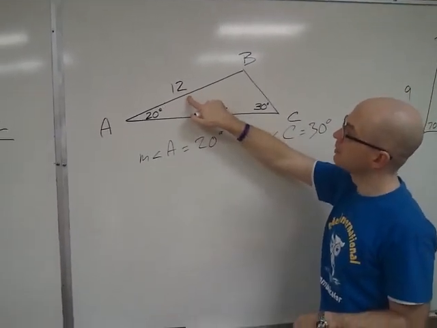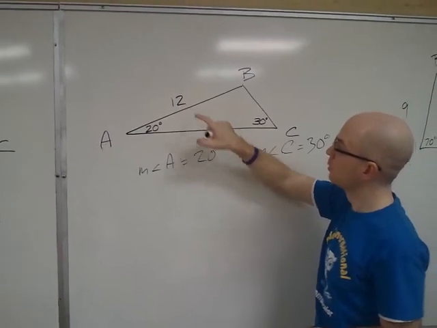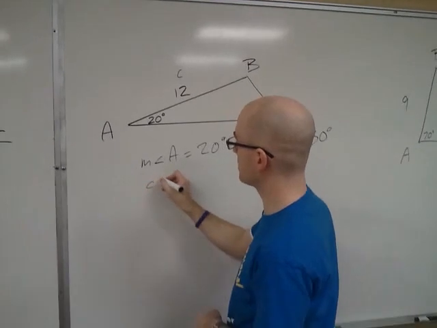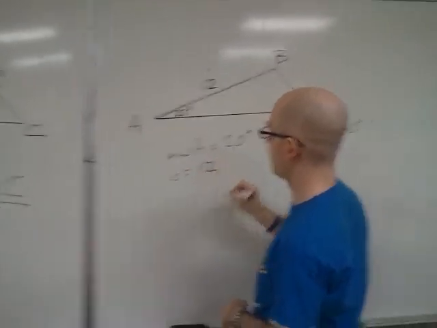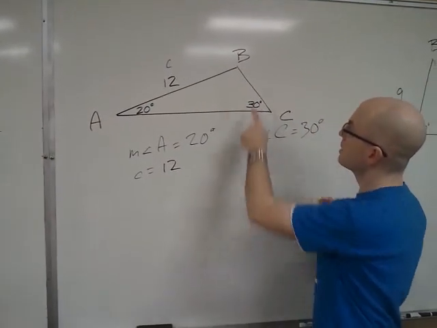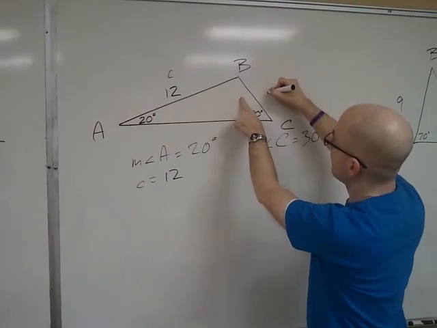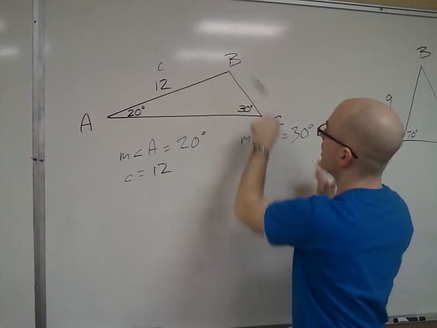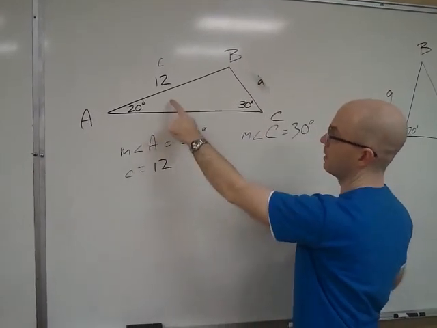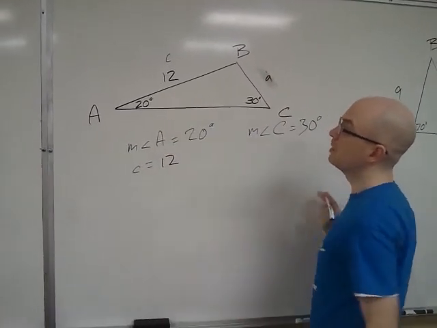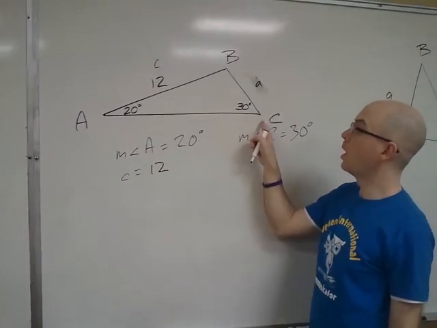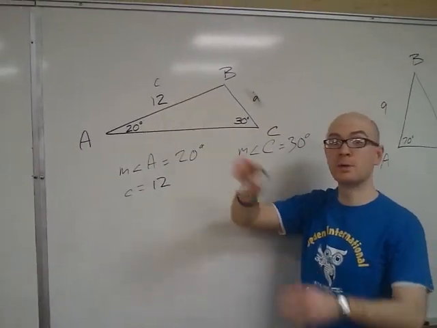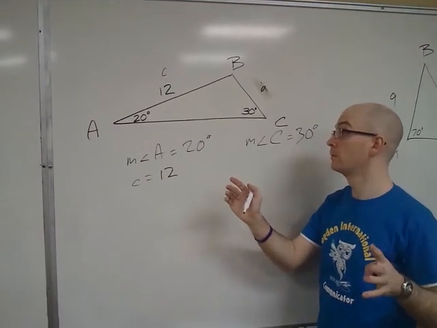We've got one side here, which is across from C, so let's call this little c. So little c is going to equal 12. Let's say we want to find little a, which is across from A. Since we know one angle and the side that's across from it, that allows us basically to solve the whole thing.